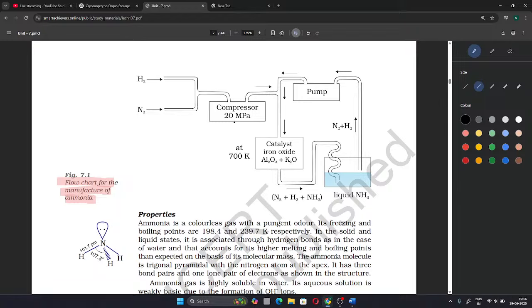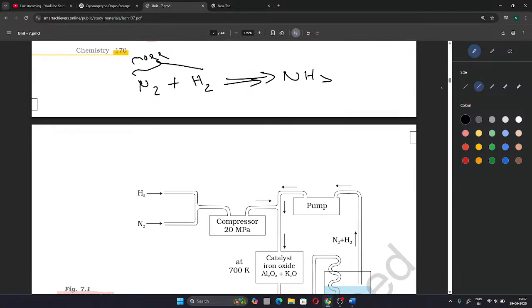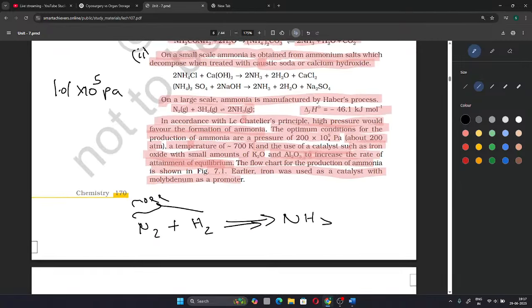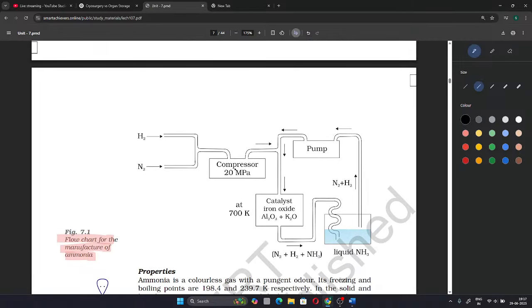Wait. I believe it is 200 megapascals, not 20 megapascals. So one more zero here. 200 megapascals.